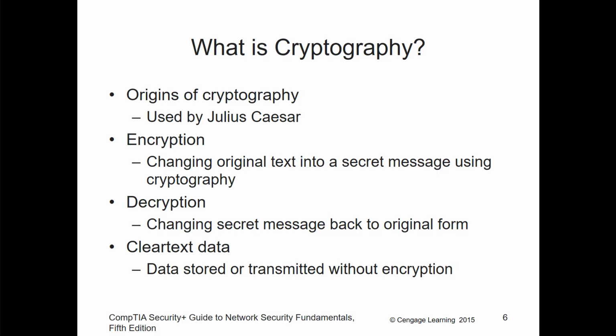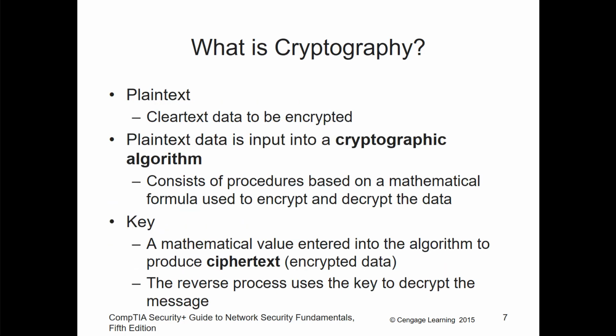We also have to understand clear text, and clear text is data that is stored without any form of encryption, meaning as it is traversing a communication media, it's all readable. When it's idle, it's all readable. So again, plain text is clear text that is made to be encrypted.